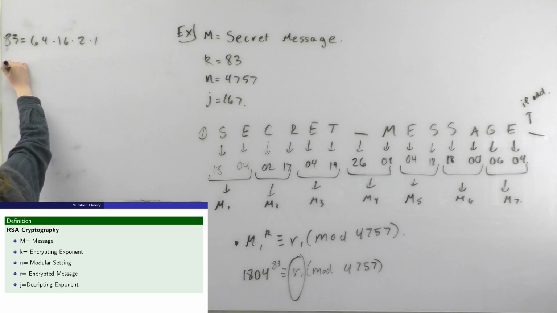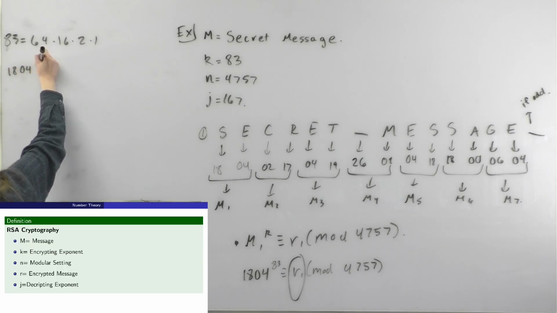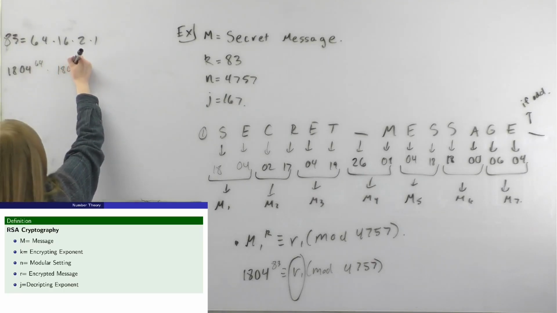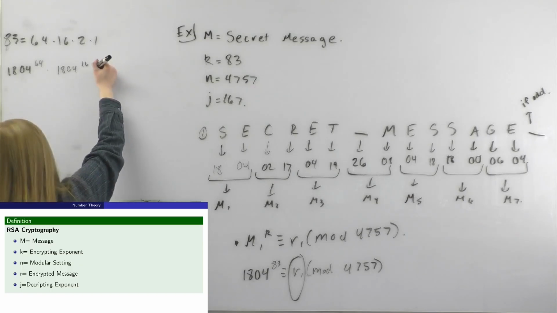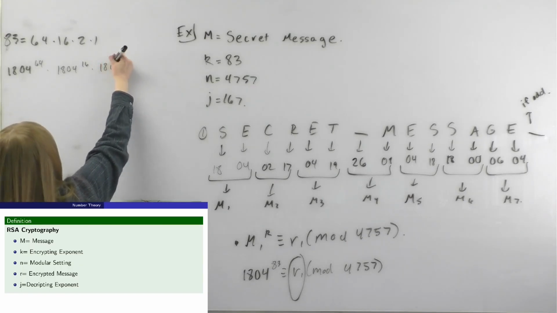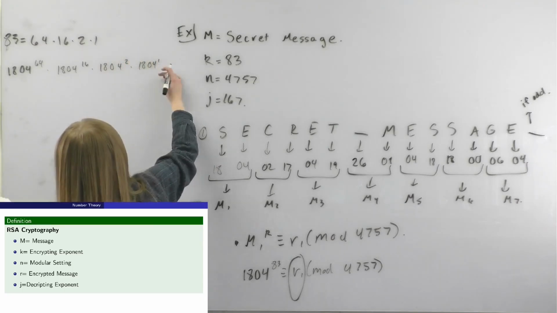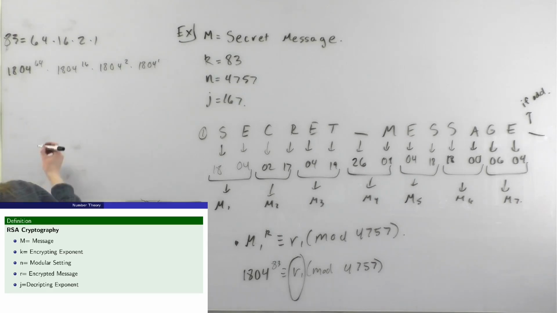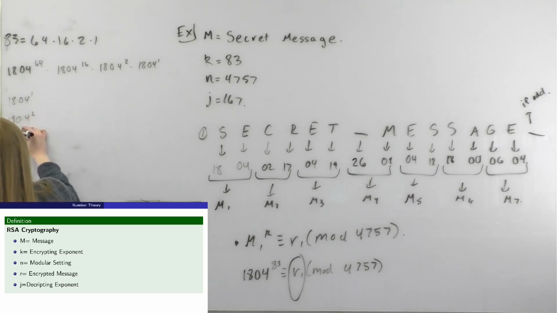So all we need to do is find 18,004 to the 64th power times 18,004 to the 16th and so on, modulo 4,757. So 18,004 squared times 18,004. Okay. And so one way to do this is you could find all of them and just piece together what you need with the exponents.